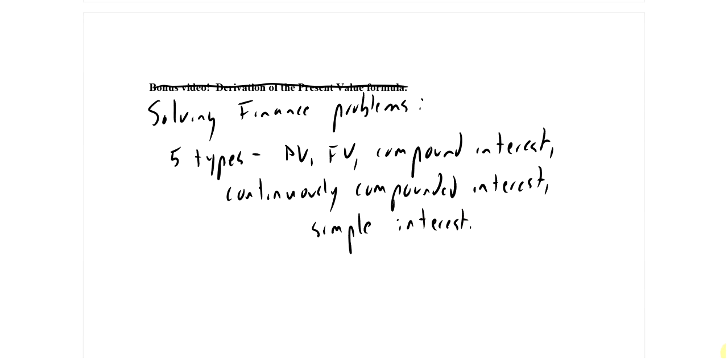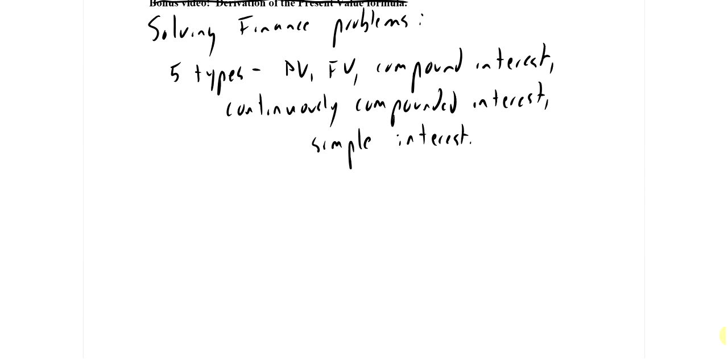How do you tell them apart? Well, first question: is there a stream of payments? That's the first question to ask yourself when you are looking at a finance problem.